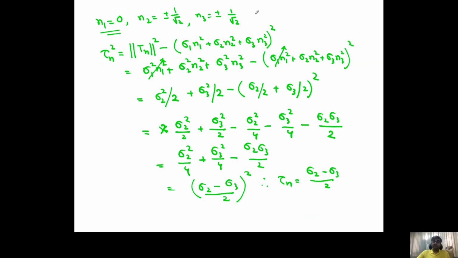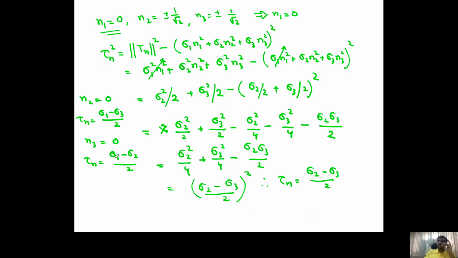And this is corresponding to the case where n1 is equal to 0. Now, just from intuition, you can say when n2 will be equal to 0, tau n will be sigma 1 minus sigma 3 by 2. And when n3 equal to 0, tau n will be sigma 1 minus sigma 2 by 2. So these are the results of the maximum shear stresses.